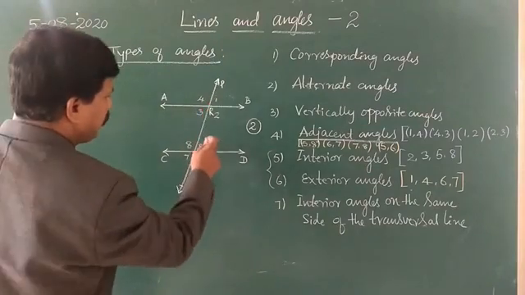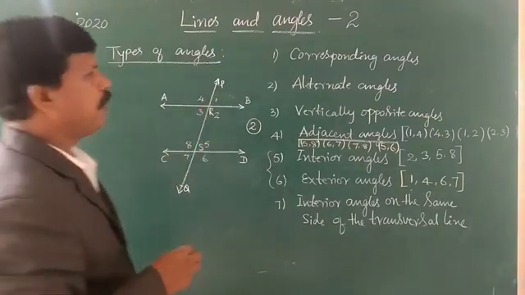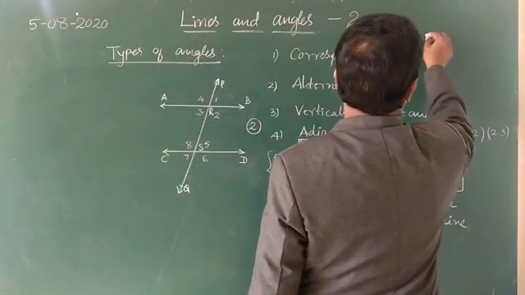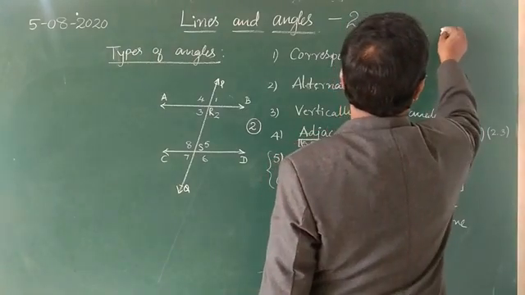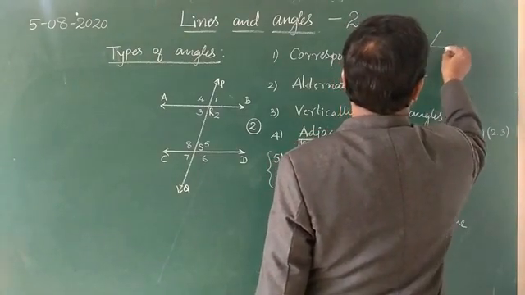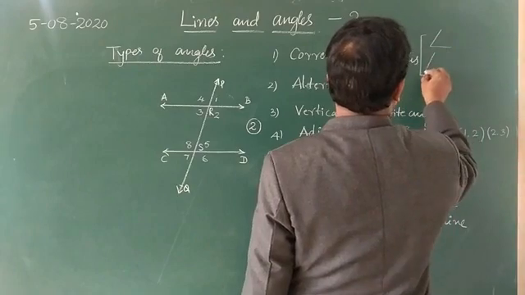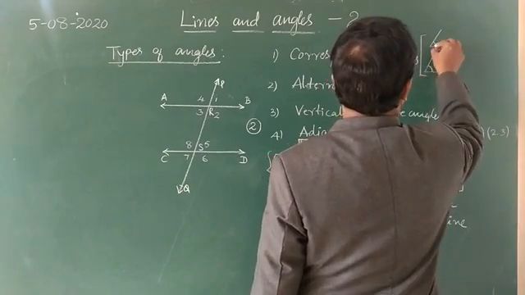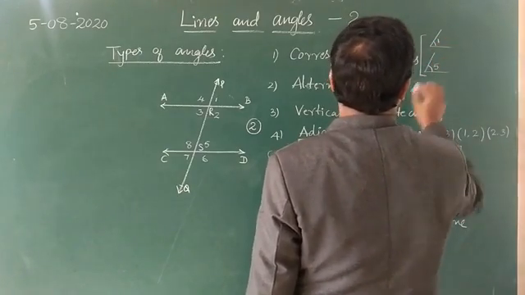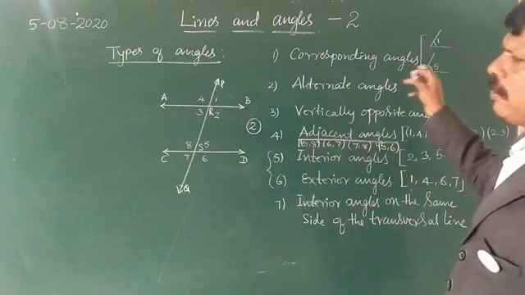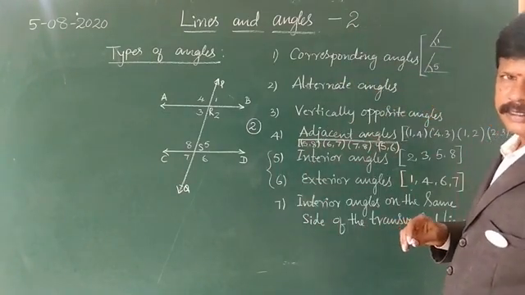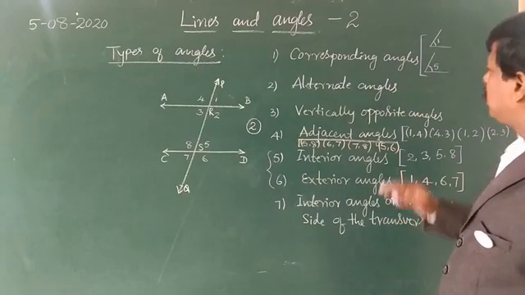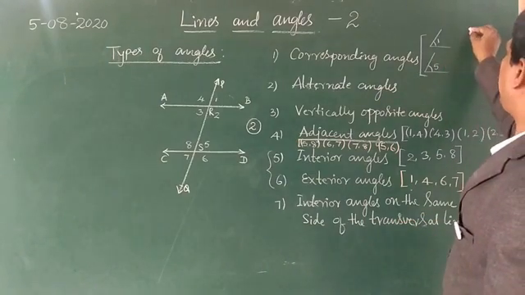So these two angles are corresponding angles. So corresponding angles look the same like this. See here. This is angle 1, angle 5. So one pair of corresponding angles. Have you understood?